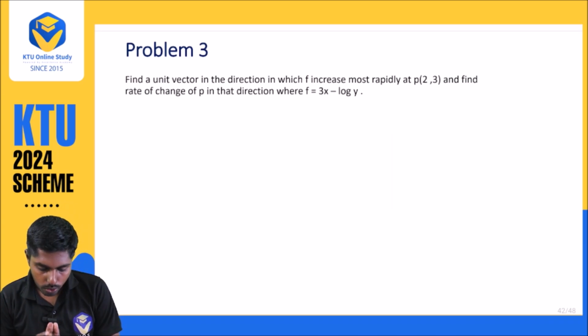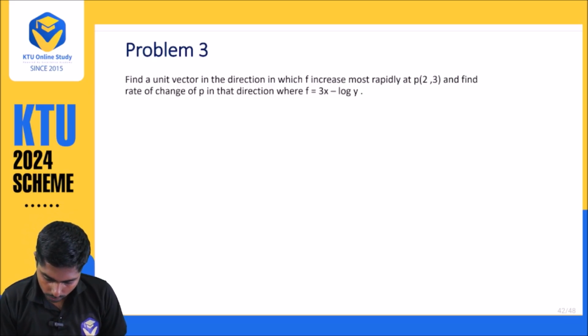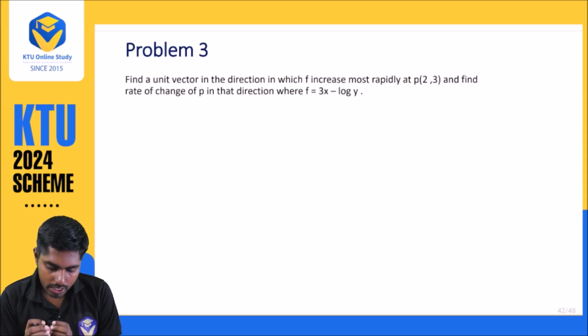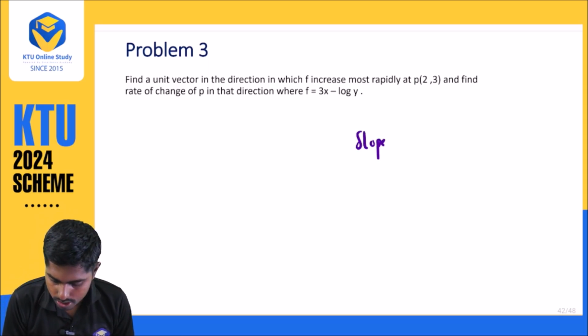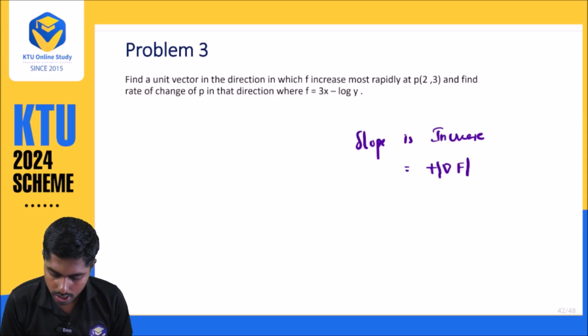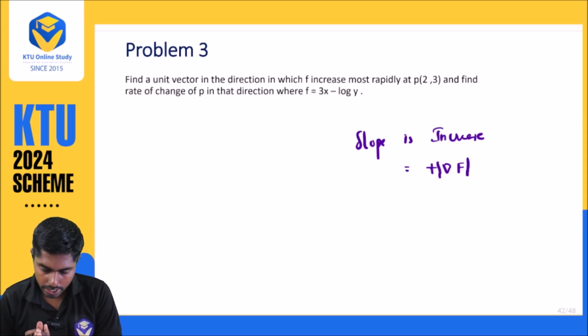Before going into problem number 3, you want to know something. Whenever they are asking about increasing, that is slope, they will be mentioning rate of change or slope. Slope increasing indicates positive modulus of del f, the modulus of gradient f.